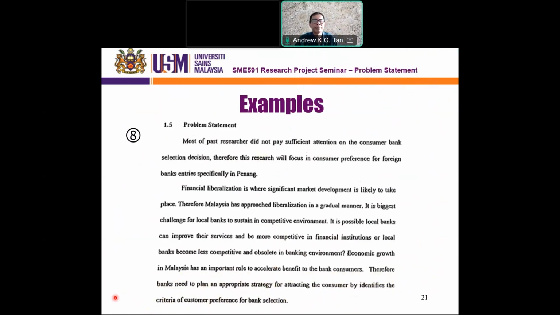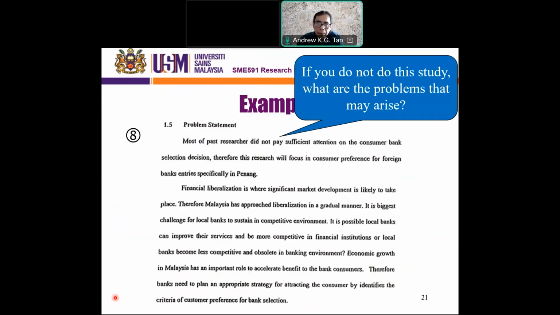Number 8: "Most of past researchers did not pay sufficient attention on the consumer bank selection decision." All right, so what is the problem that may arise? The problem that may arise is previous studies did not pay sufficient attention on the consumer bank selection decision.